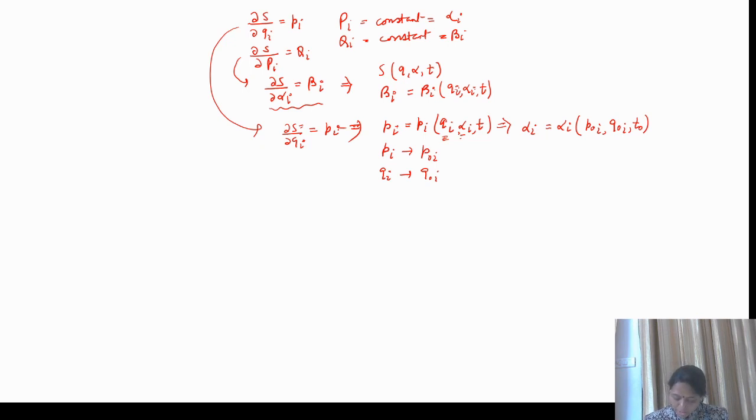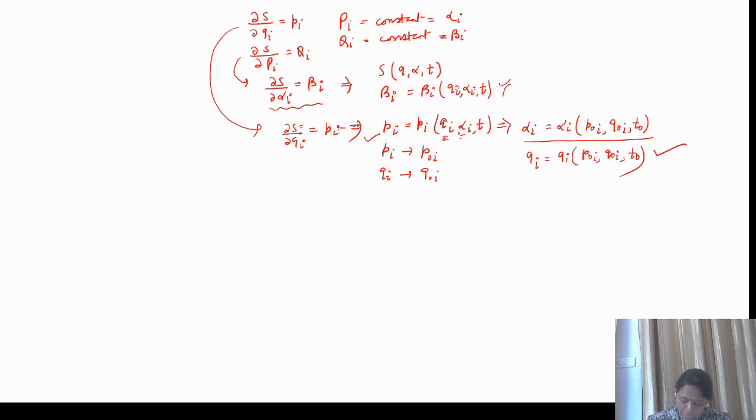And replacing this alpha i in this expression, first of all I'll get beta i, then by replacing beta i, I'll get my Qi as a function of the initial coordinates and time. So you get your Q in terms of initial coordinates.